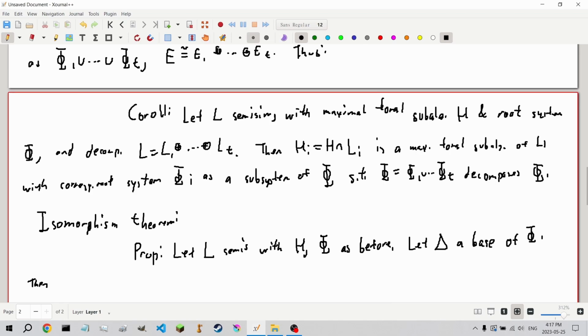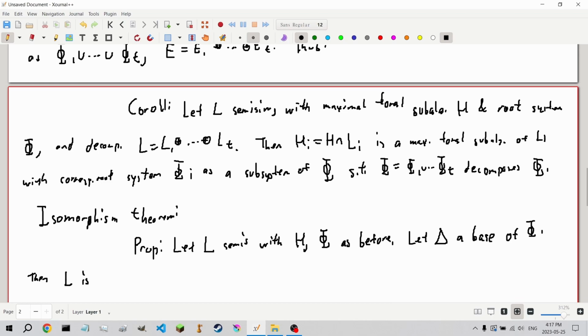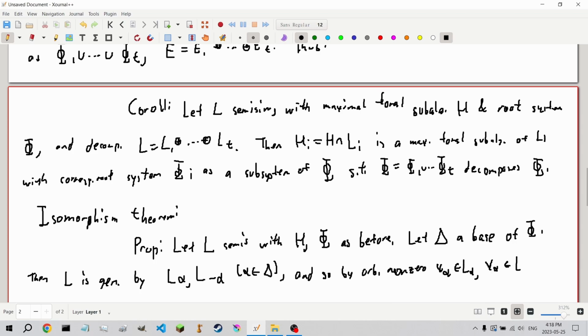Then L is generated by the root spaces L_alpha and L_negative alpha for alpha in Delta. And so, trivially from that, by arbitrary non-zero x_alpha in L_alpha, y_alpha in L_negative alpha for alpha across Delta.